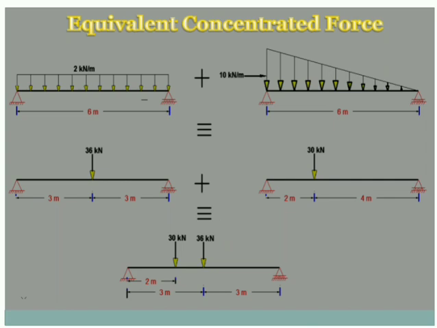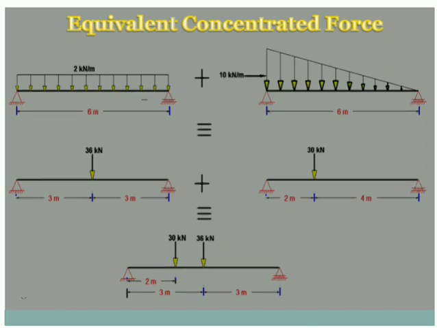Along with this, many times in the examples of beams we can get a moment also. Now you know how to use the moment. If it is clockwise it is positive, if it is anti-clockwise it will be negative. So these three types of loads along with the moment you will find in the beam analysis examples, which will be covered in the next lecture.